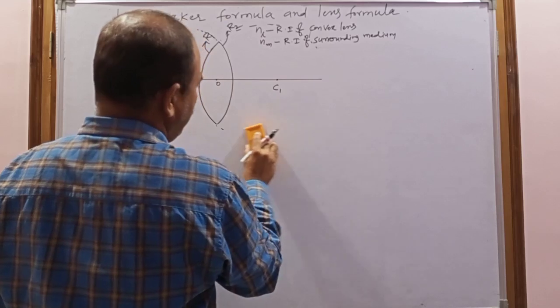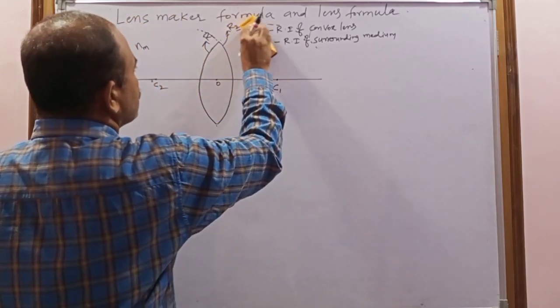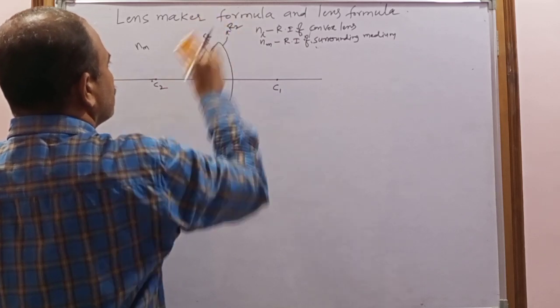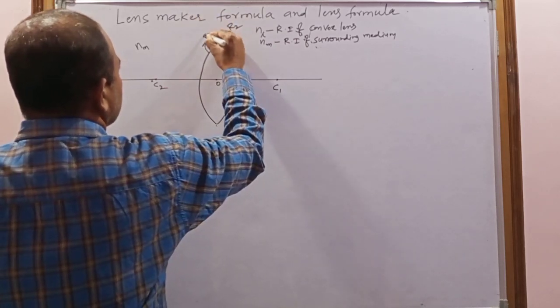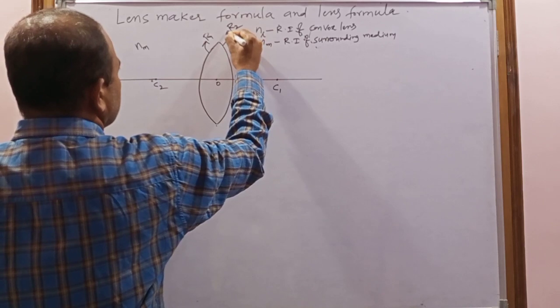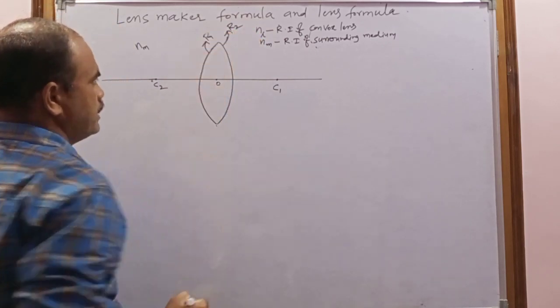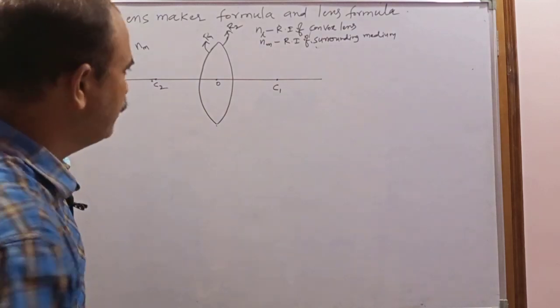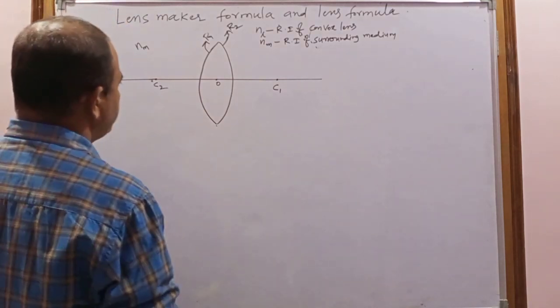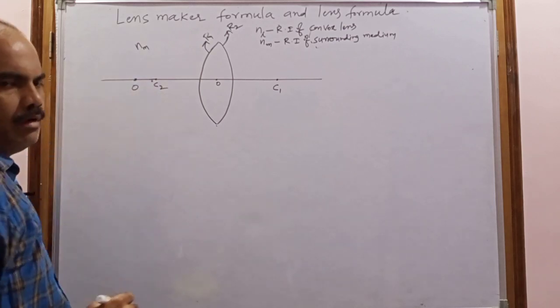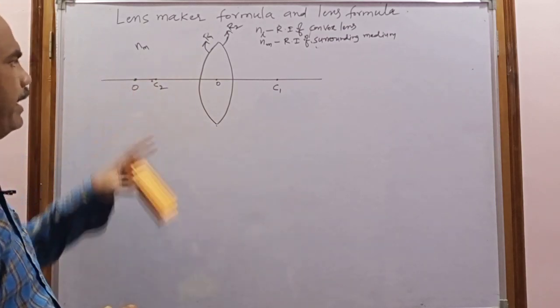Next I am removing these parts. Now this is the second surface, radius of curvature R2, and the first surface radius of curvature is R1. Now I am imagining an object O kept on the principal axis.